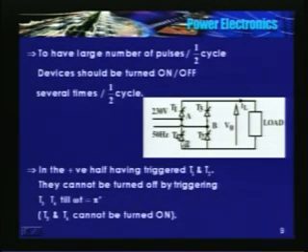The conducting thyristor is turned off by triggering the incoming thyristor. Let me tell one thing: when T1 was conducting, triggering T3 in the negative half will apply a negative voltage across the conducting thyristor T1, and T1 turns off. We called it line commutation.